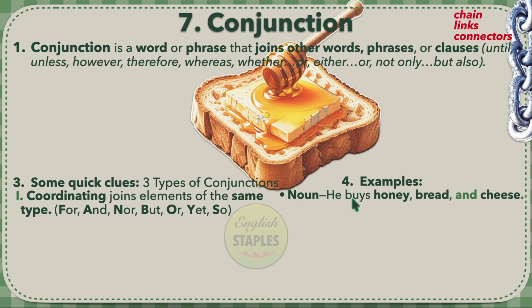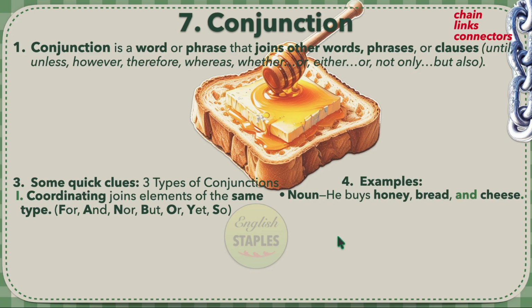Now we could say he buys honey, bread, and mousetraps, and it would still be okay because they're all nouns. Or I could say honey, bread, and a mousetrap. So there would be a determiner and mousetrap, which would form a noun phrase. It would still qualify because it's noun, noun, noun.